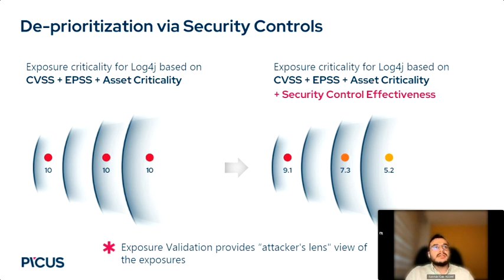We had many security controls and other assets with this vulnerability. When we looked at it from the perspective of CVSS scores, we had to prioritize all the vulnerable assets, and we had to fix all of them.